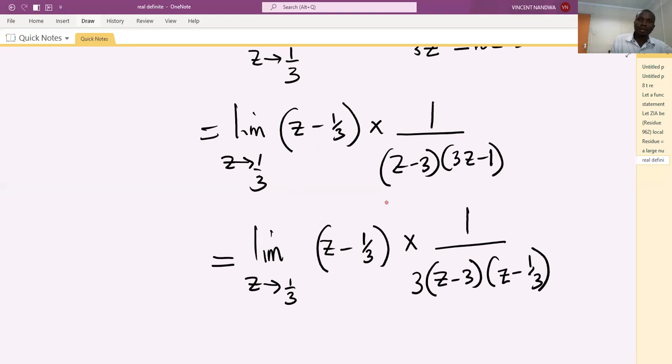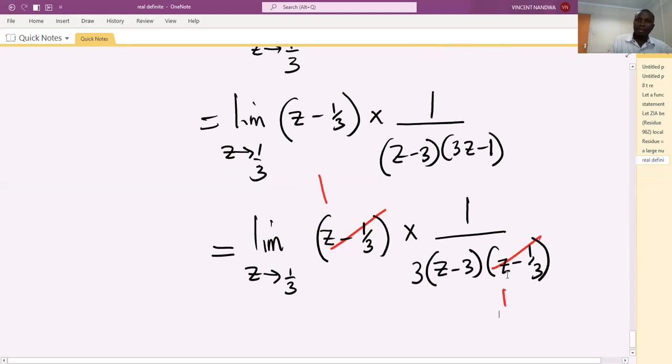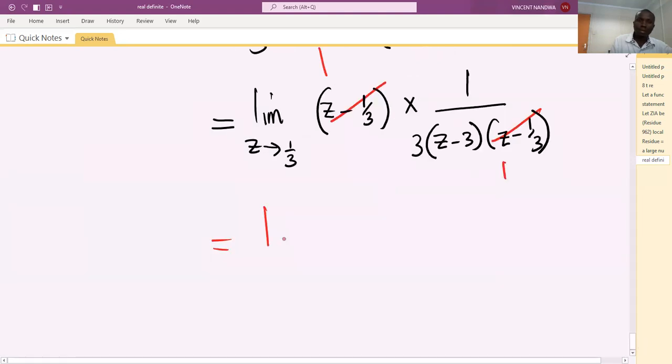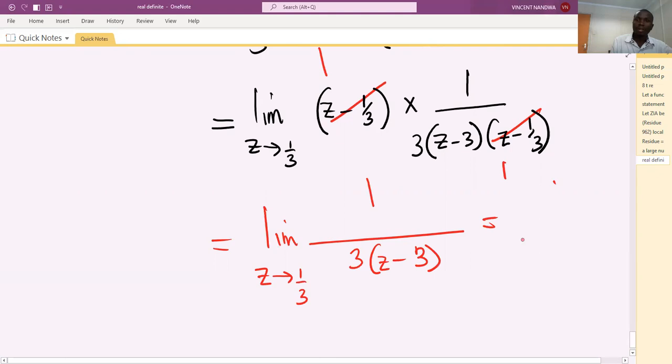So then this cancels out, and we'll have the limit as z approaches a third of 1/3 into 1 over z minus 3, which will be 1/3 into 1 over a third minus 3.